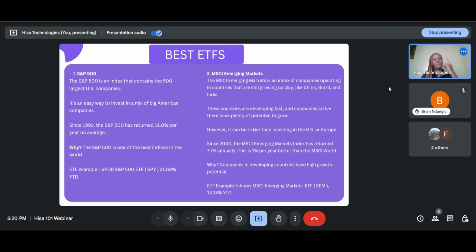So the first index is the S&P 500, which tracks the biggest companies in the US. An example of an ETF under the S&P 500 is the SPDR S&P 500 ETF.